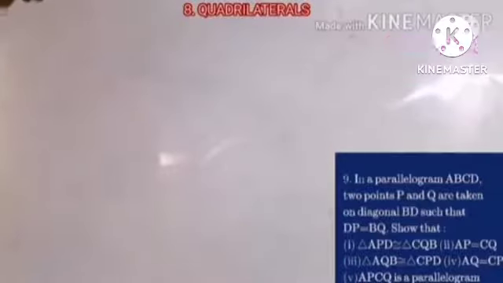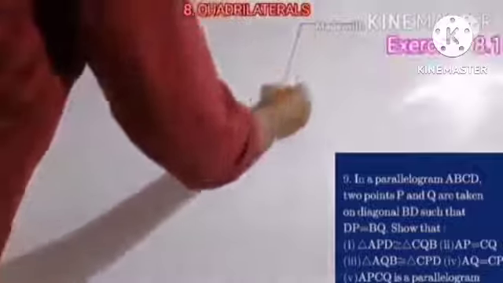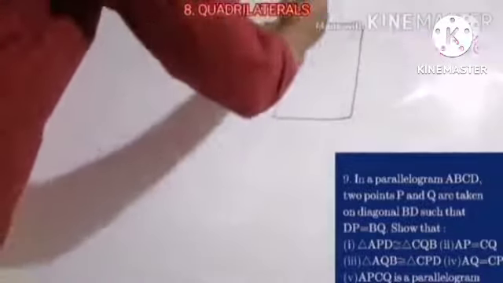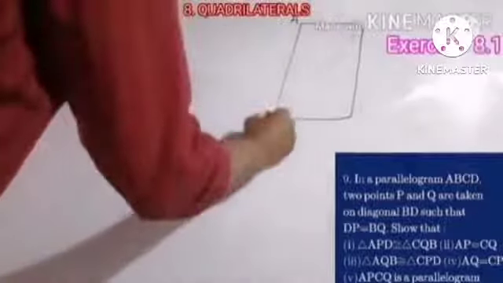It's a bigger question. We have to prove 5 parts. Given that ABCD is a parallelogram, that is the first part. This figure is given. So I'm going to draw that figure. ABCD is a parallelogram.